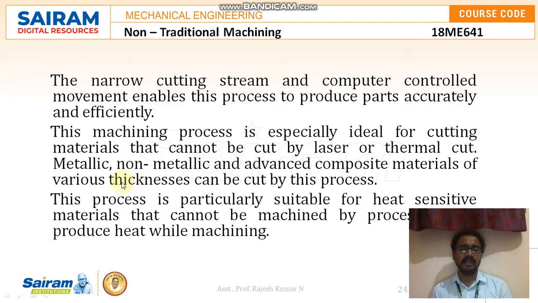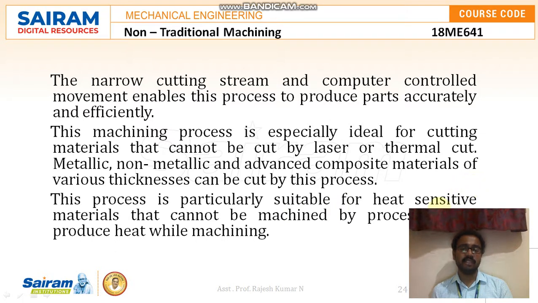Along with that, metallic, non-metallic and advanced composite materials of various thicknesses can be cut by this process. It is also particularly suitable for heat sensitive materials that cannot be machined by processes that produce heat while machining. So this is one more important point to be noted.